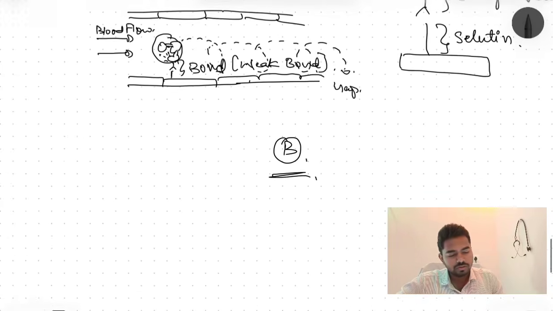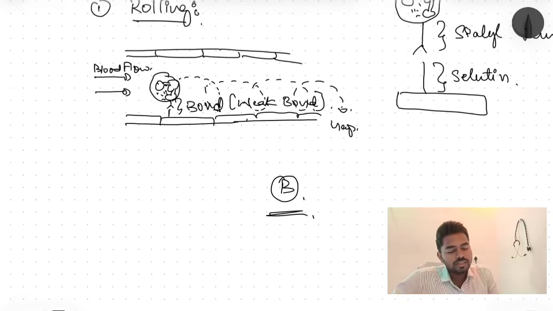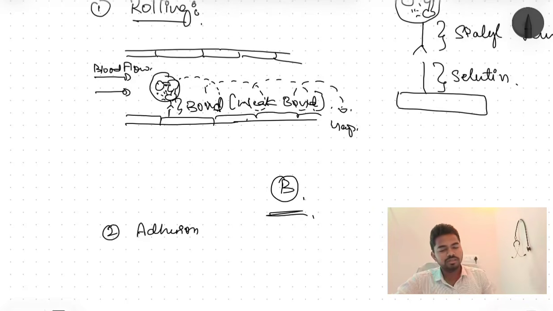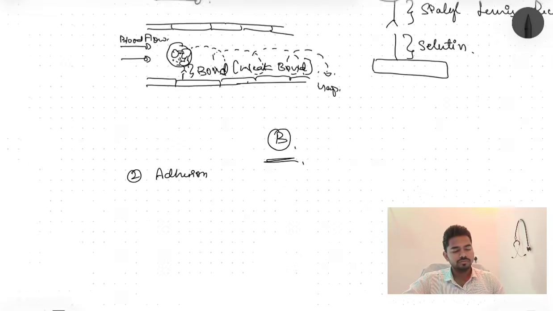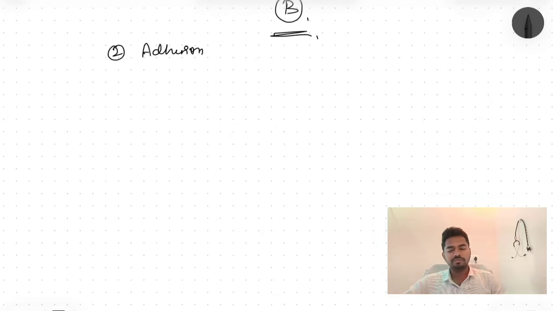Next, when there is a gap, it will get attached. We'll call this adhesion. Next process is adhesion. In adhesion, what happens?